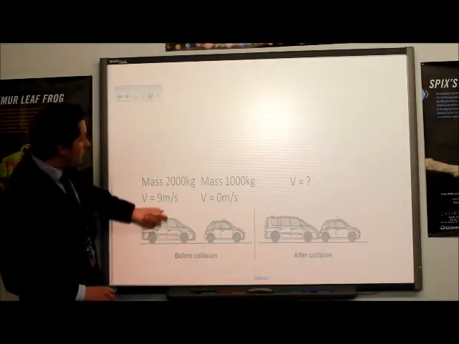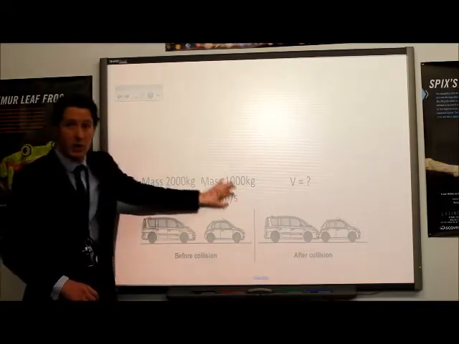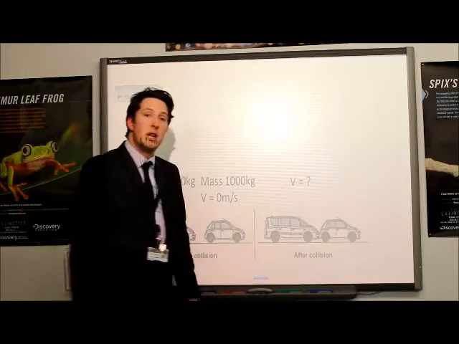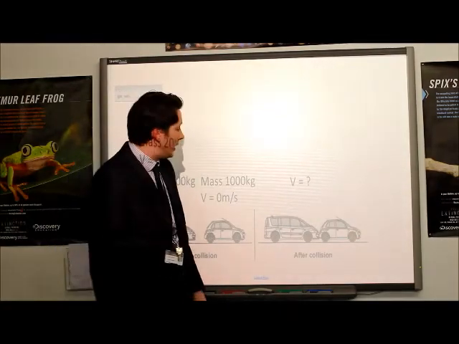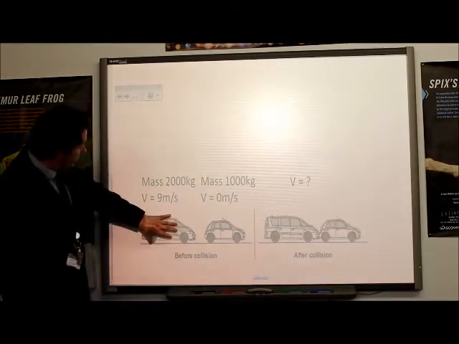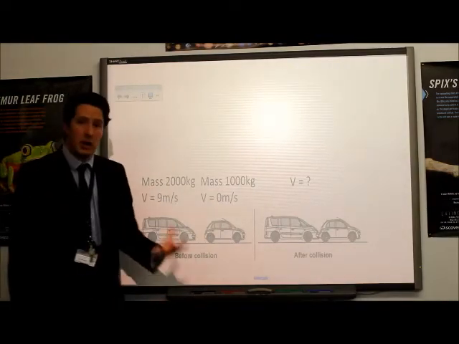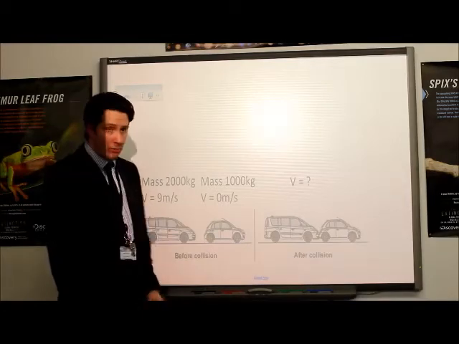So if I knew the total momentum of these two vehicles at the start, I could work out the total momentum of the vehicles at the end, after they've collided. Now, this vehicle is stationary, so the momentum it has is 0. Any object that's stationary has 0 momentum.